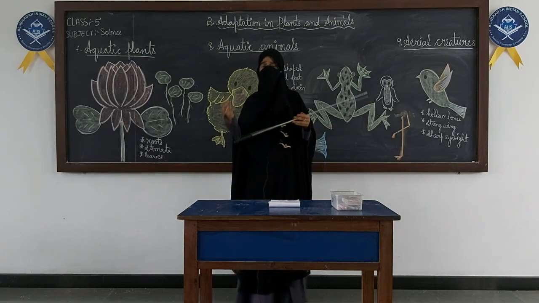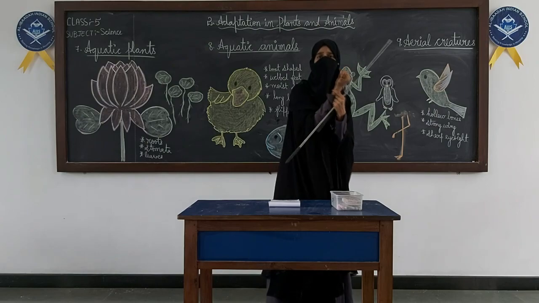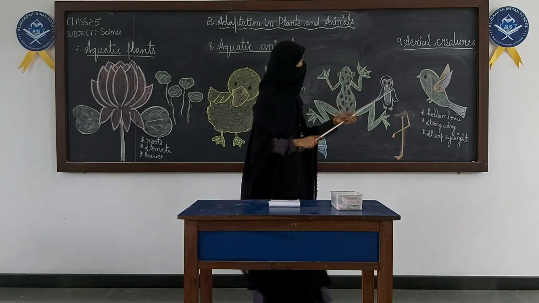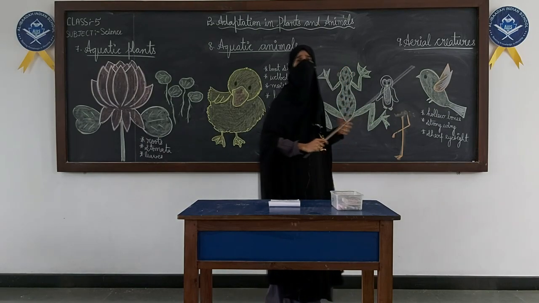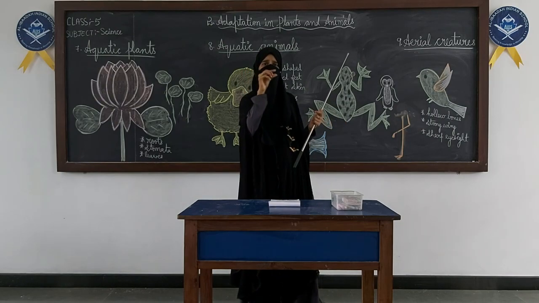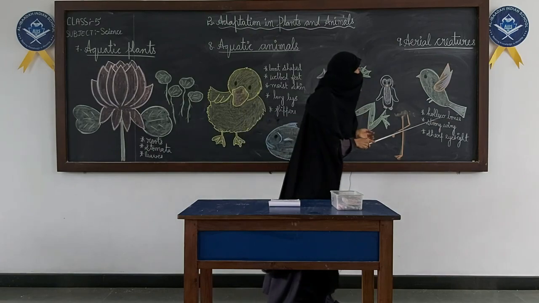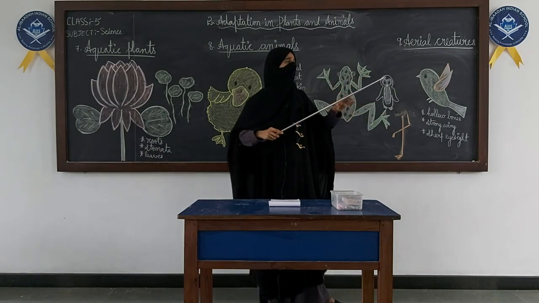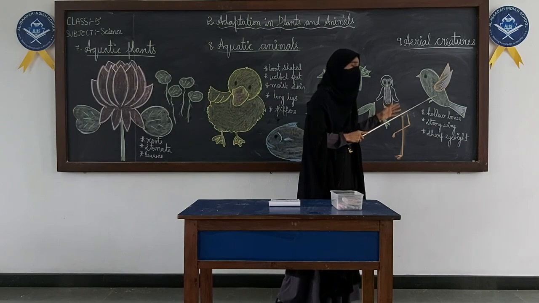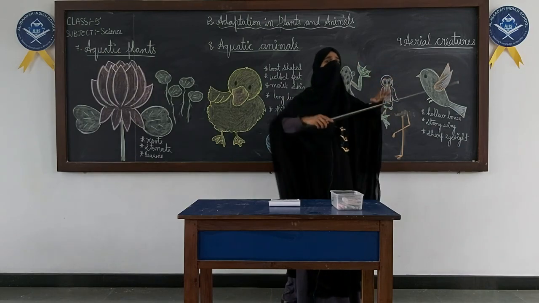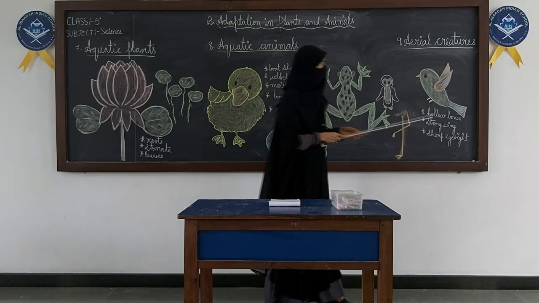Hollow in the sense that our bones have weight, but the bones of a bird are hollow. Have you seen a straw? Yes, it is kind of a straw, hollow inside, because when it has less weight, it can easily fly.